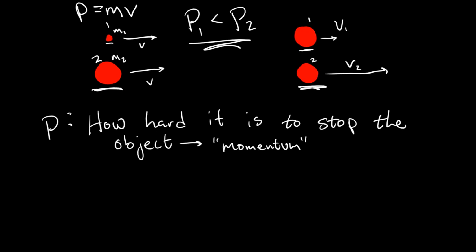Okay, so now let's interpret our equations which actually govern physics. So this is F, which is dp/dt.